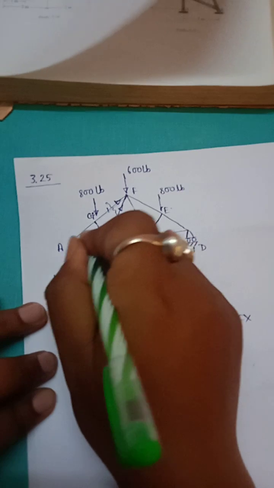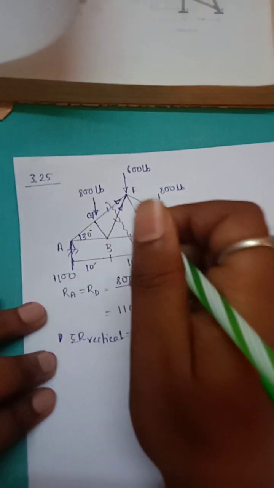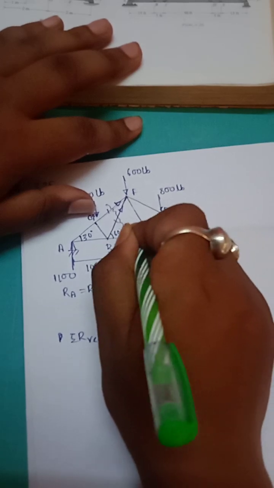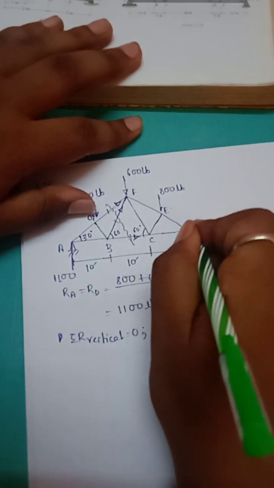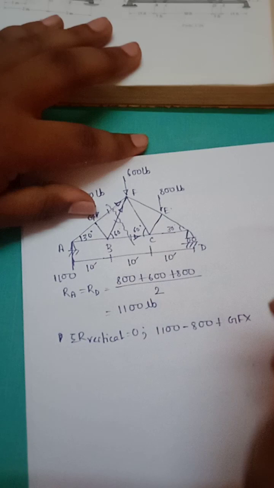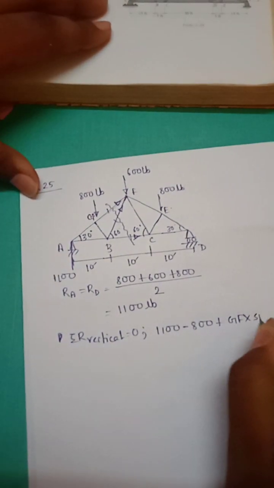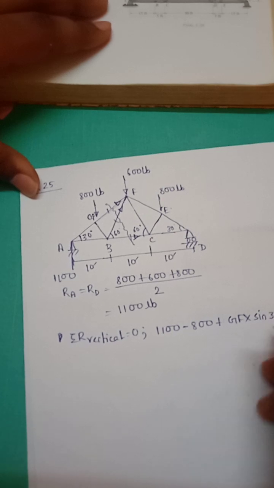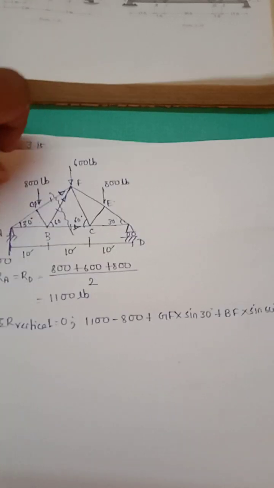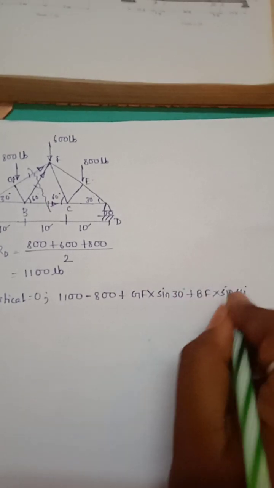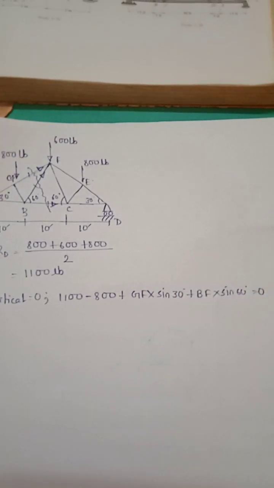For fink truss, okay, important things missed. How will you solve it if you don't know the angle? Okay, GF into sine 30 degree plus BF into sine 60 degree is equal to 0.